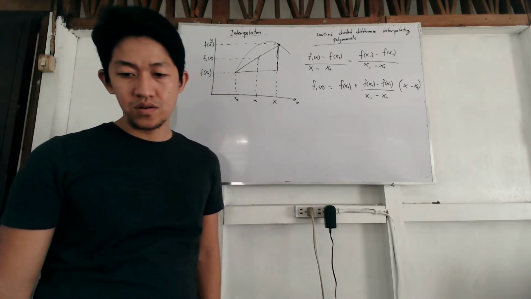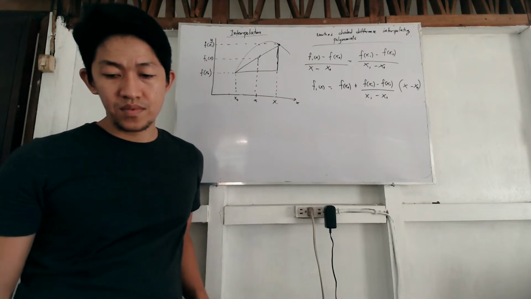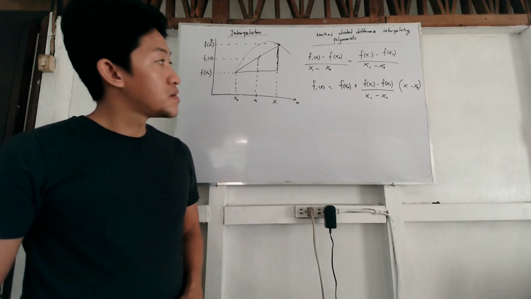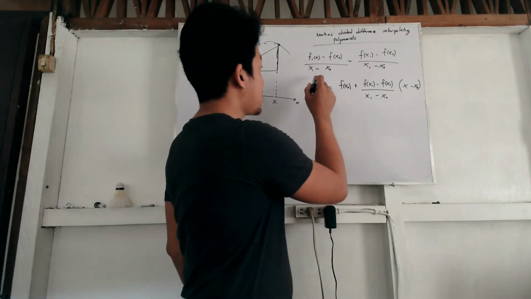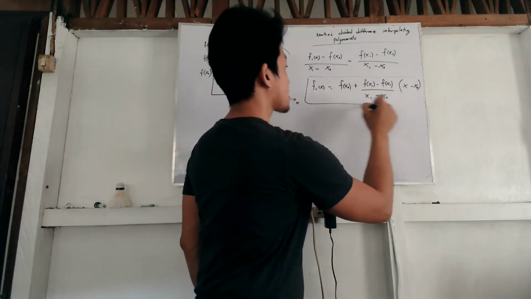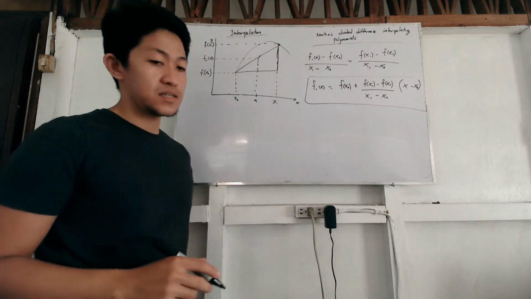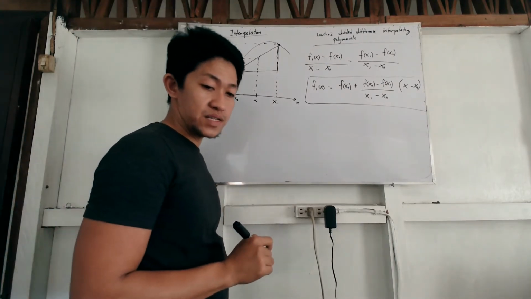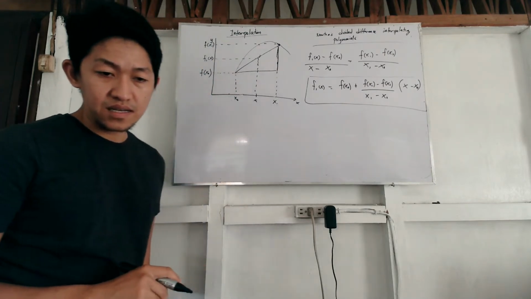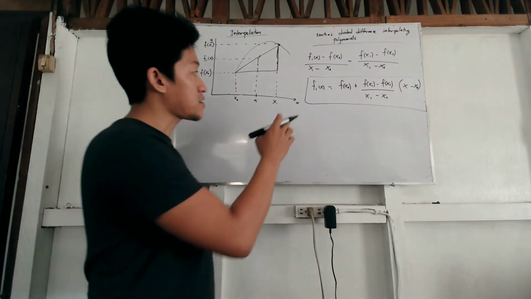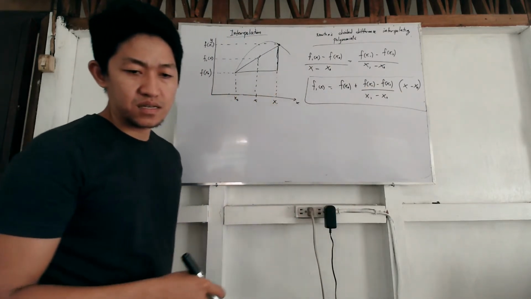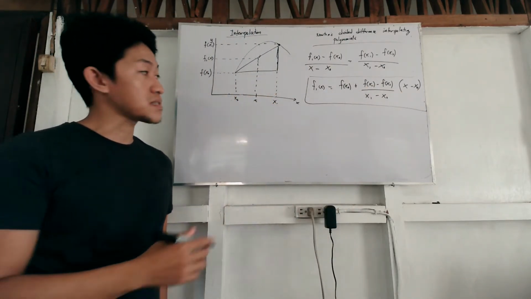So that gives you the value of f1 of x. If you recall the Taylor series expansion, this form is just the same as the Taylor series expansion.